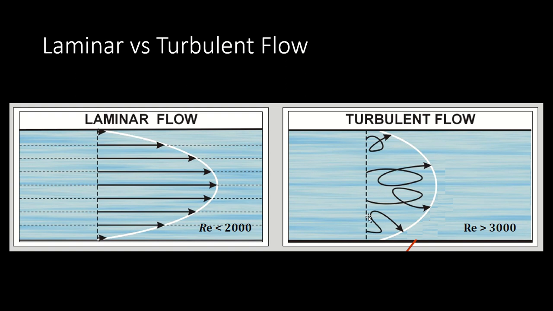Turbulent flow, where we have some obstruction or some malformity in the vessels, can cause all these velocity profiles to not be so linearly parabolic, but instead go all over the place in some non-predictable way. Calculating Reynolds number is a way of predicting whether we most likely have laminar flow in the vessels, which would be a Reynolds number less than 2,000.